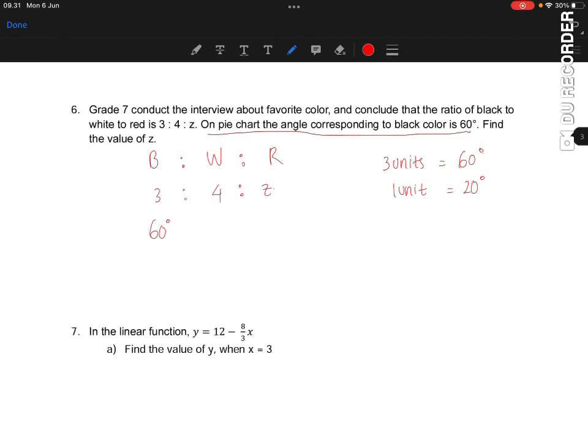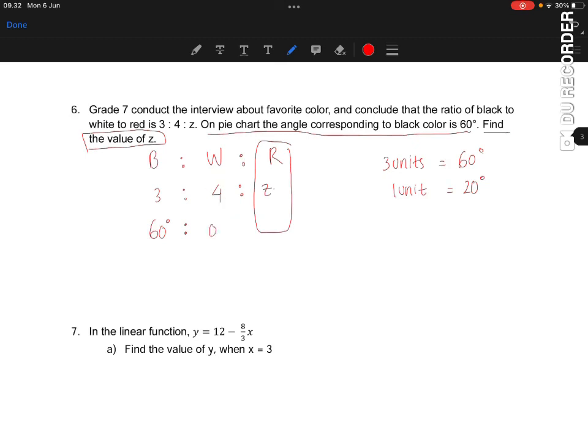Find the value of Z, right? So please pay attention to this. The Z here, we don't know yet about the Z. So we need to find the white color first. We have 4 units, right? If every unit is 20, so 4 units is going to be 80.